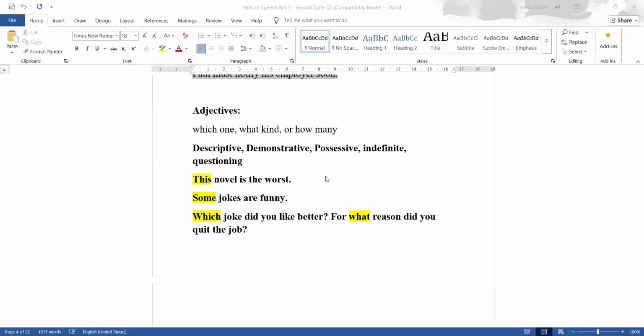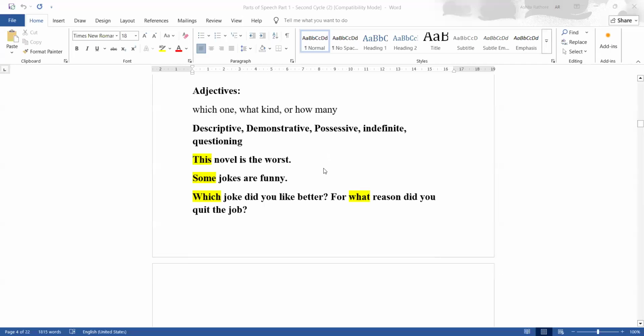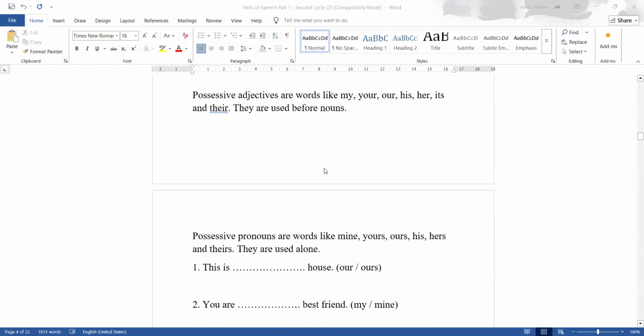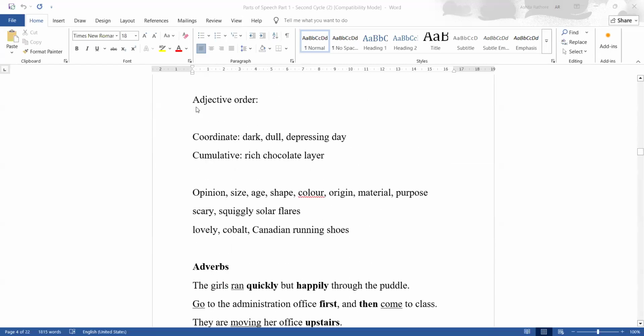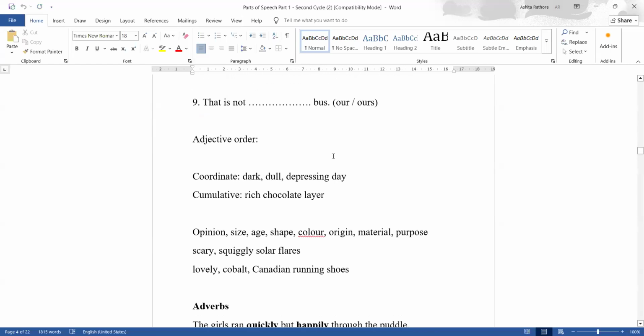Instead of getting into that, the most important part that I'd like to deep dive into for you people is the adjective order. How many of you are aware of the adjective order? Some of you had said that you get confused about how the words are to be placed in a sentence.